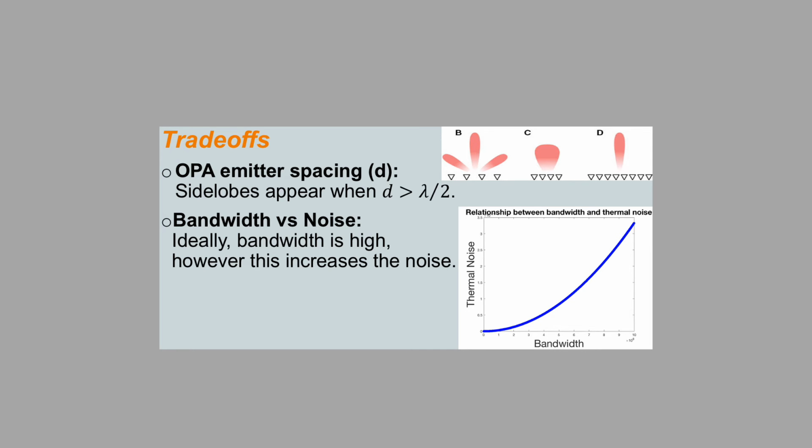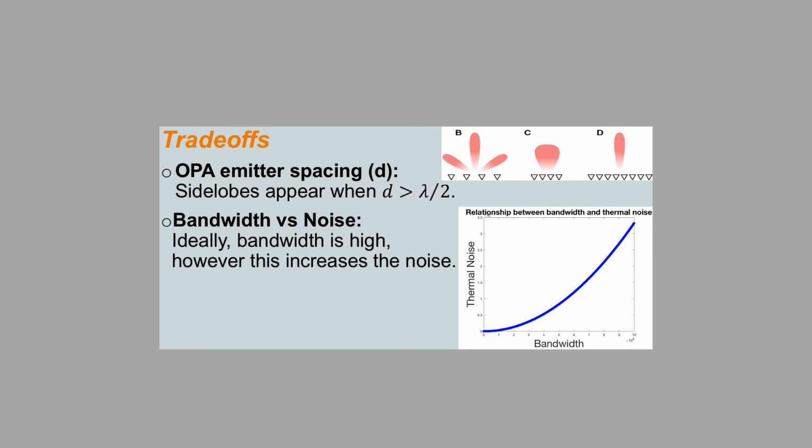Firstly, let's talk about the trade-offs. The two main trade-offs are firstly the emitter spacing. The main thing with emitter spacing of the optical phased array is that when the emitter spacing is larger than half the wavelength of the laser source, side lobes start to appear. So as you can see in the figure there, in the various scenarios, for example in image B, the emitter spacing is very large.